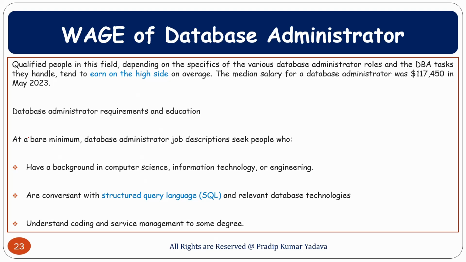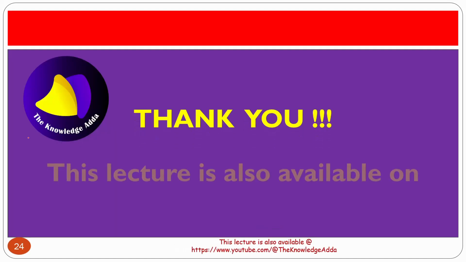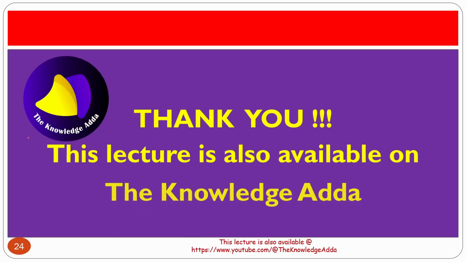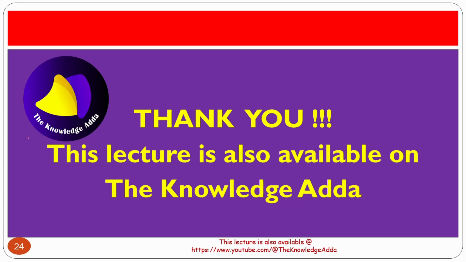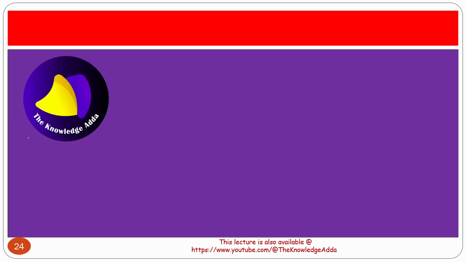And if you're talking about the qualification, you should have a background in computer science, information technology, or engineering, and be well versed with structured query language and relevant database technology. So this is enough for us to be a database administrator.